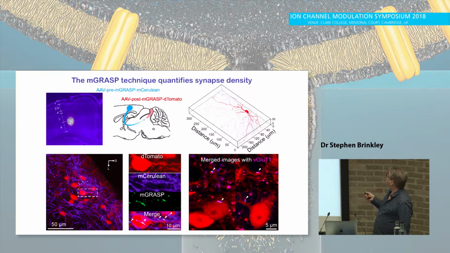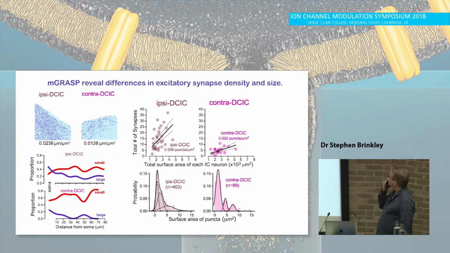So we did that, we reconstructed and we looked at the synapse density. In single neurons now, each dot is a single neuron, and we measure its total surface area, because we got the full reconstruction, and then we count the number of synapses on it, and we can see synapse density is higher onto individual neurons in the ipsi than the contra. That's great, but we also saw this.